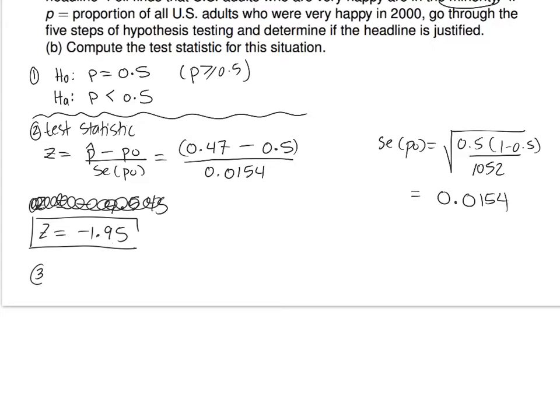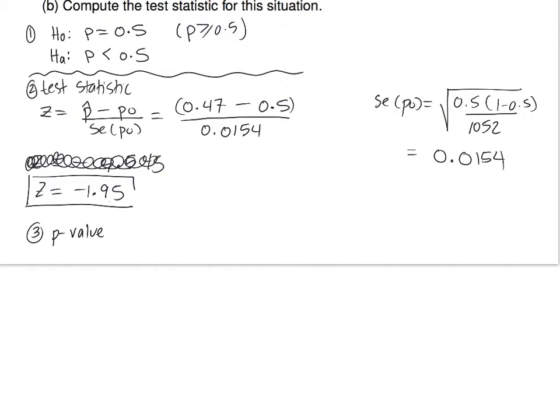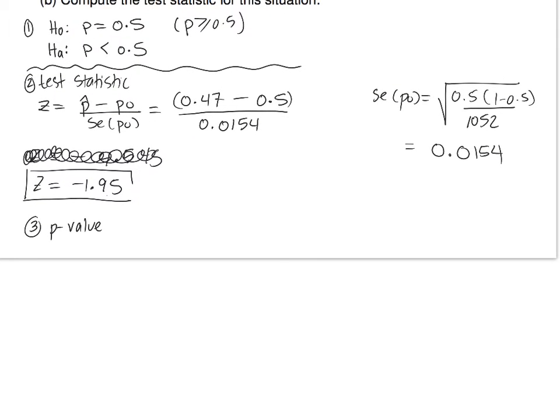So step 3 is to get your p-value. Oh, it's actually part C. Oh, okay, well, I'm just going to do it right here. So the p-value is the probability that your z is less than or equal to this negative 1.95.